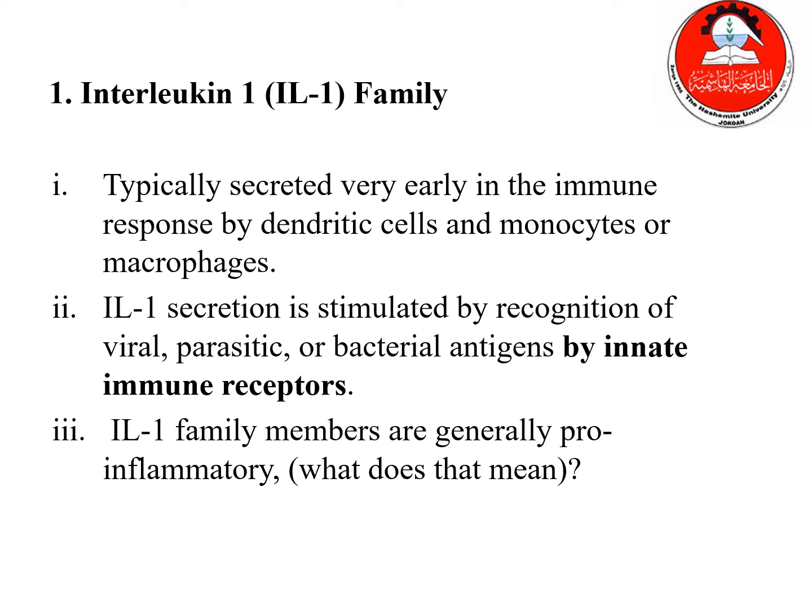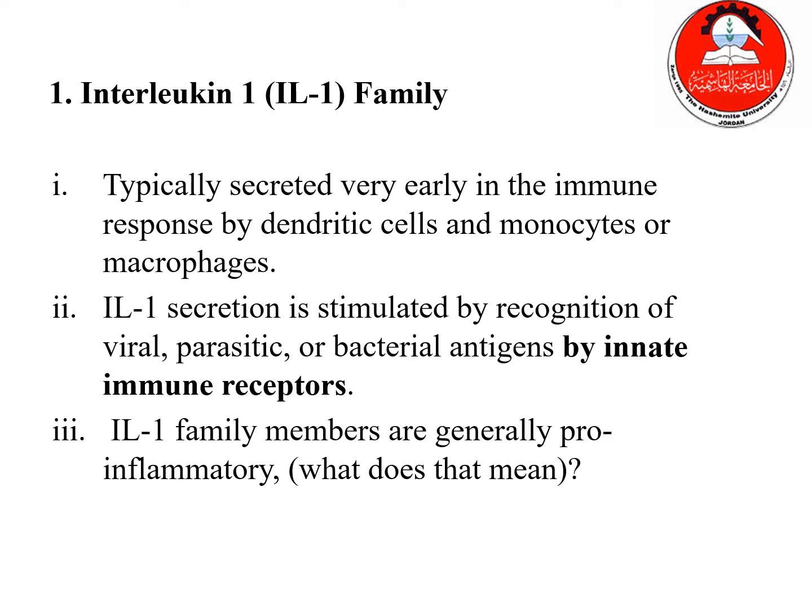Its secretion is stimulated by recognition of viral, parasitic, or bacterial antigen by innate immune receptors. So once a foreign antigen or pathogen is detected by the innate immune system, this is going to activate and lead to the production of interleukin-1.